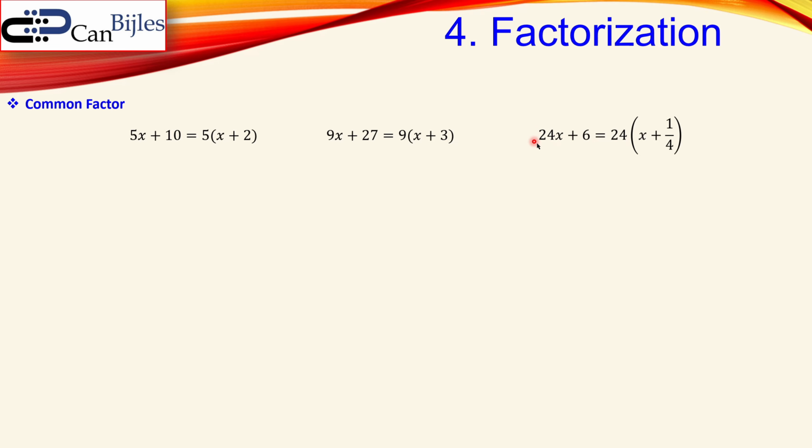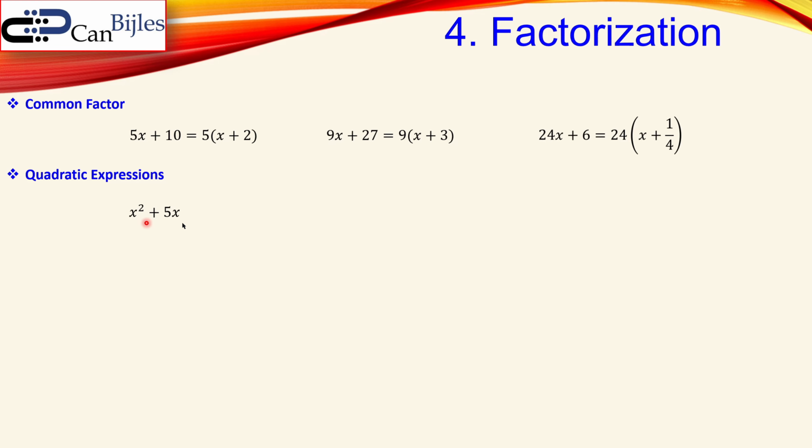If I want to take out 24 of my parentheses, the parentheses will be x plus, and this number needs to be such that if I multiply it by 24, it produces that 6, which is then 1 over 4, or 24 divided by some number needs to produce that 6, which is 4. Now you can also have a quadratic expression, which is this expression.